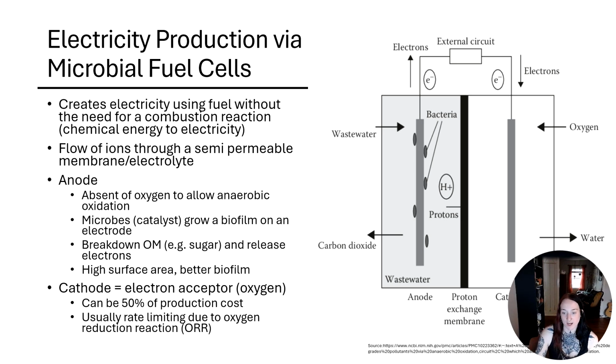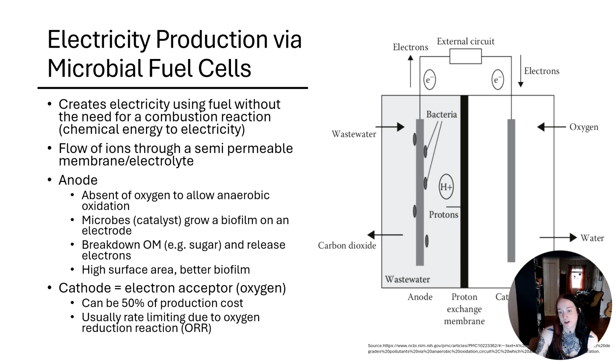Essentially, in the anode chamber, you're going to have anaerobic conditions, and these bacteria can form what's called a biofilm. If you look at the picture, that dark gray rod is the anode, and those bacteria grow all around it and create a biofilm where they can break down organic matter in this solution, and they can release electrons.